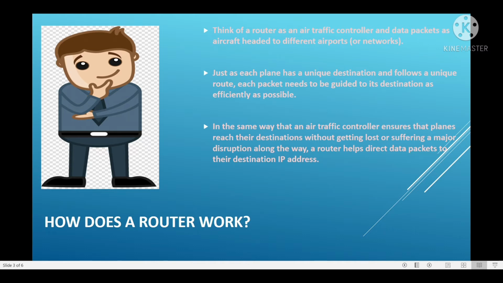As we know, aircraft could be coming from one airport and going to different airports, right? Just as each plane has a unique destination and follows a unique route, in the same way a packet also needs to be guided to its destination, and it should be done as efficiently as possible, in minimum time or with minimum data loss.